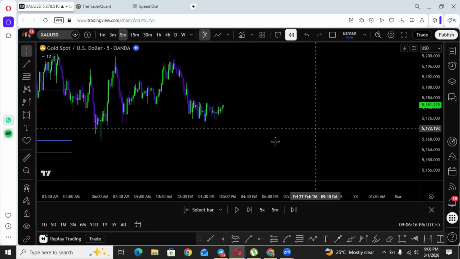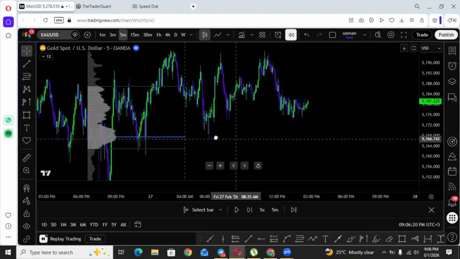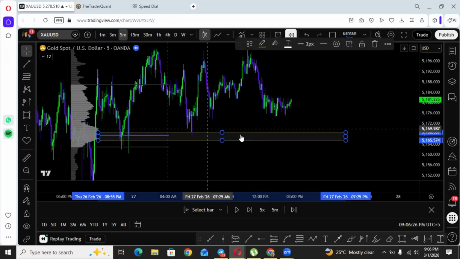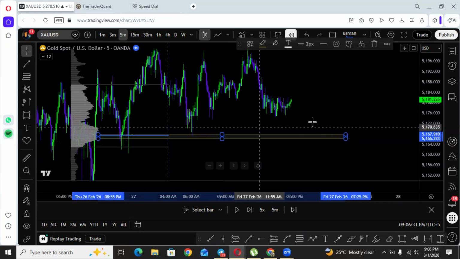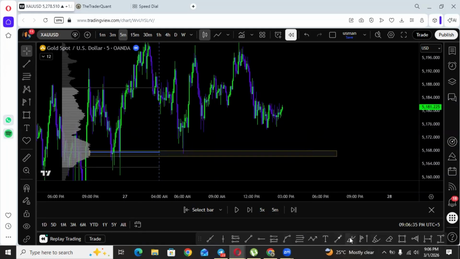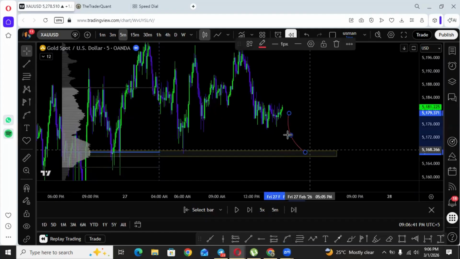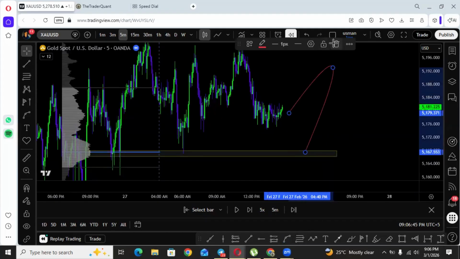Market is currently ranging near the point of control. So we don't know that market will go buy from here, but we can mark this area as a potential area and set our first perception about it, that maybe market will come to this point and then go to the upside. Okay, this is our first perception.